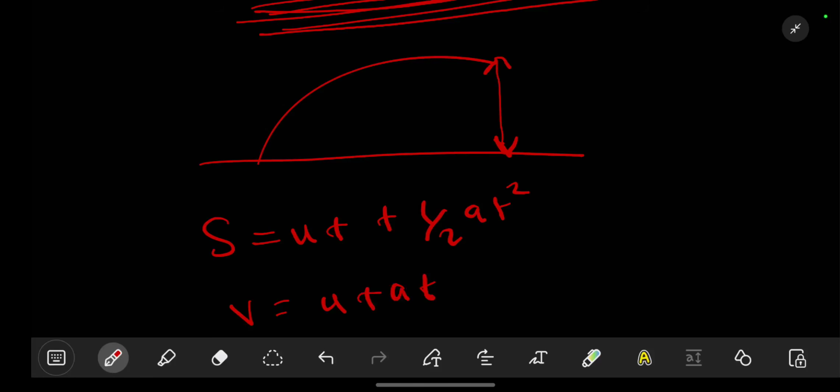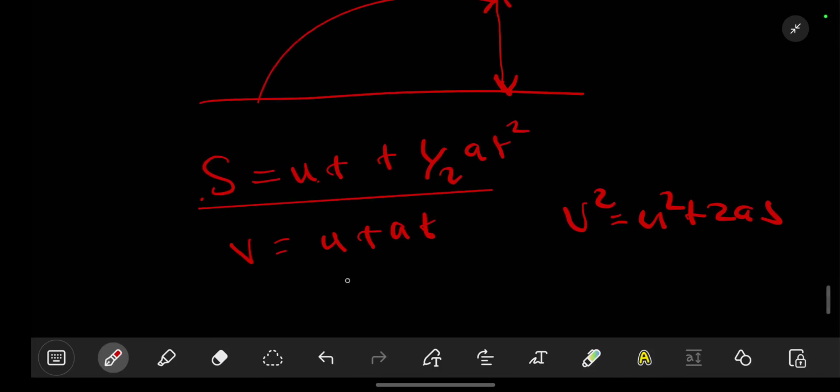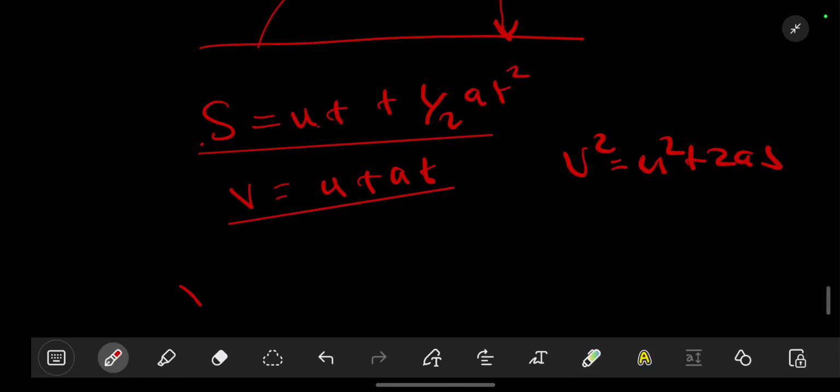Knowing v squared is equal to u squared plus 2as, what we want is the time it will take. If you want, you can use this equation, which is still okay, but that would complicate things. Just use this to find the time. So v is equal to u plus at.